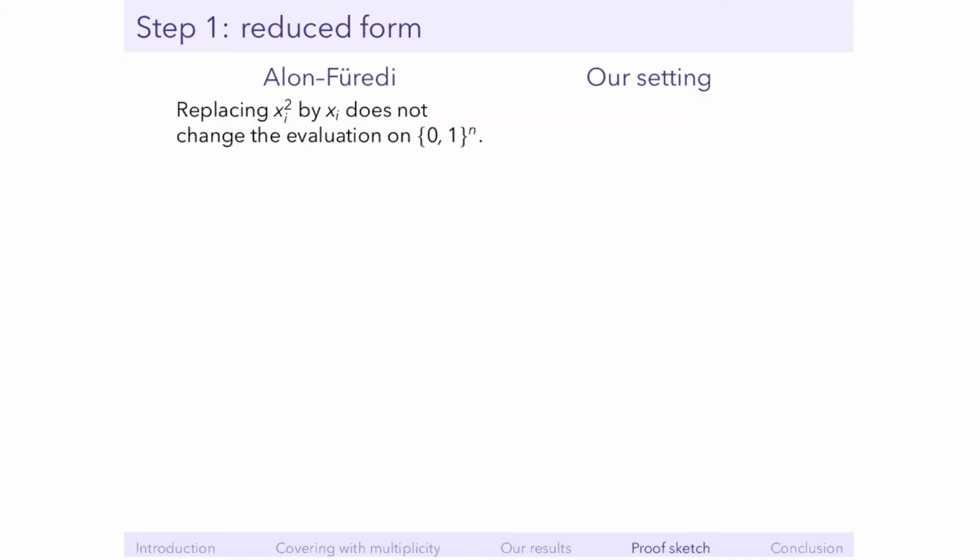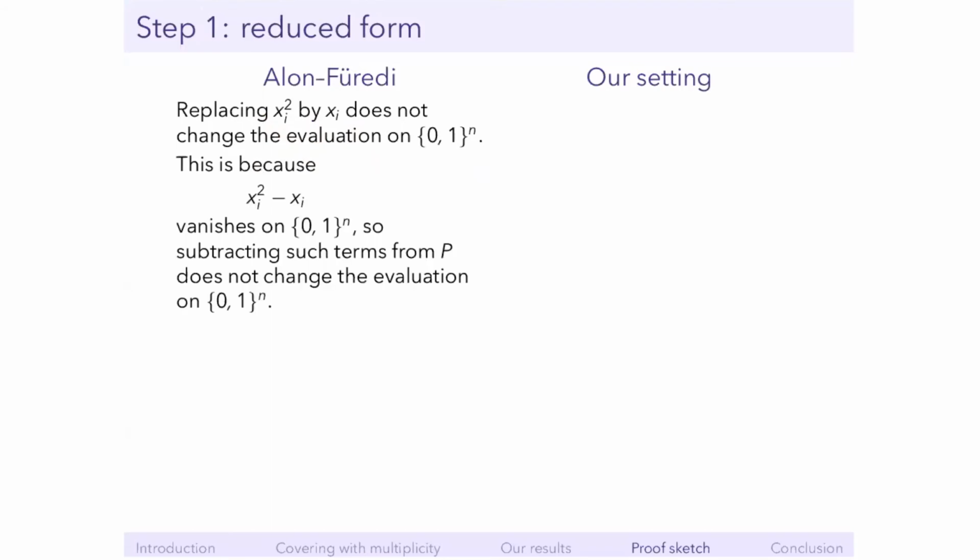And again, what was going on in the Alon-Füredi setting was if I have any polynomial and I replace any instance of xi squared or xi to a higher power by xi, I don't change the evaluation of the polynomial on the hypercube. This is kind of obvious, but another way of saying it is that the polynomial xi squared minus xi vanishes on the hypercube.